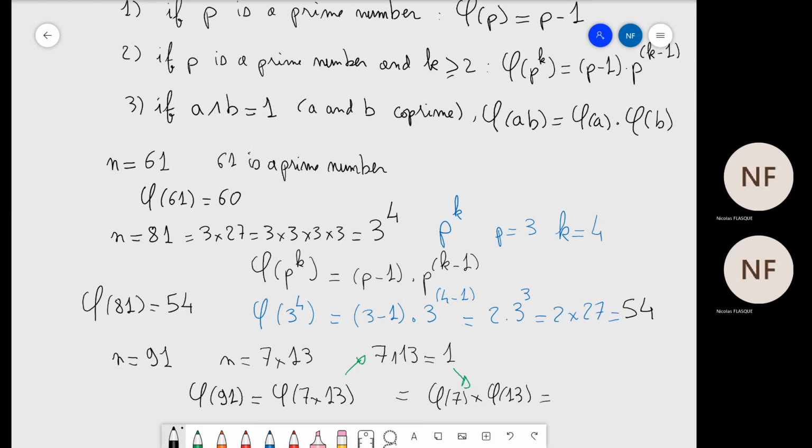Then phi of 7 is 6, as 7 is a prime number. Phi of 13 is 12, as 13 is a prime number. 6 times 12 is equal to 72. So phi of 91 is equal to 72.